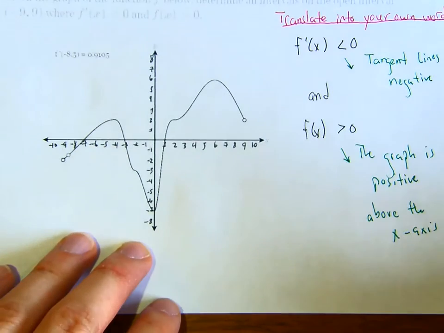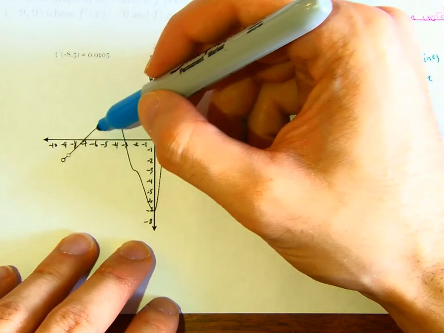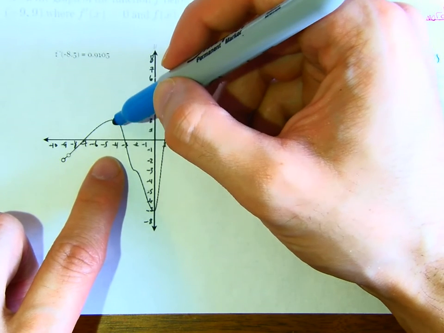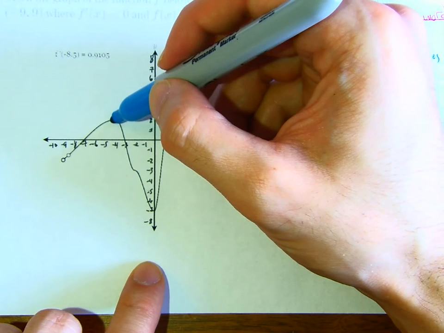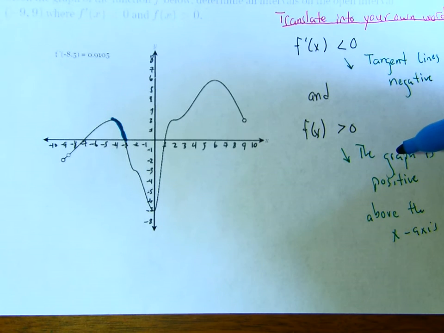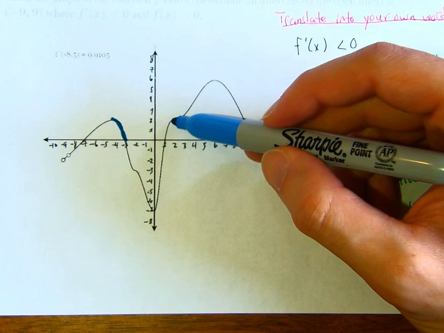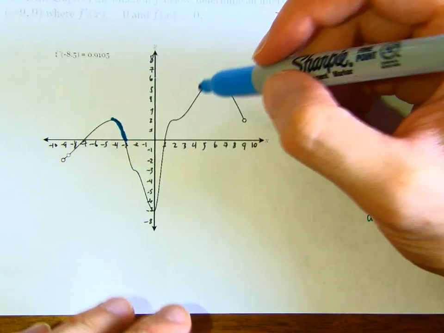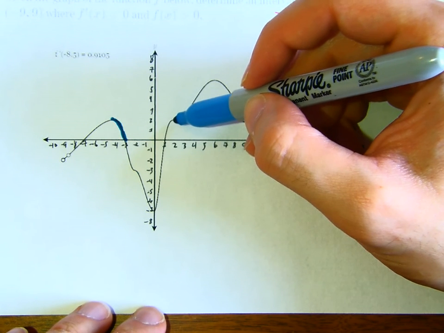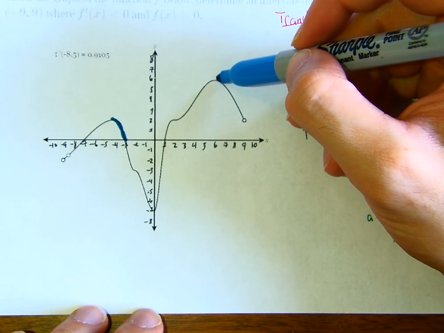Now it's saying, when are the tangent lines negative? So here, the tangent lines are positive, from negative 7 to about negative 4.5. Let's say negative 4. But from negative 4 to negative 3, your tangent lines are negative here. Okay? And what about over here? Let's see, tangent lines are positive. And this is a little weird. So here it's positive, 0, then positive, negative.